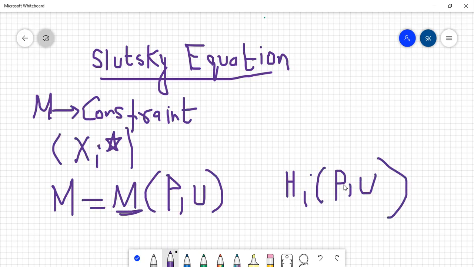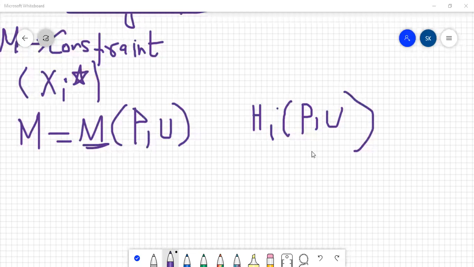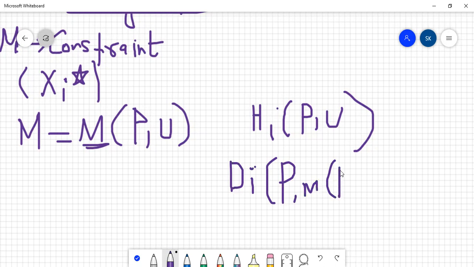So if we expand this function, the Hicksian demand function, it will become equal to di into p, m, and p comma u.